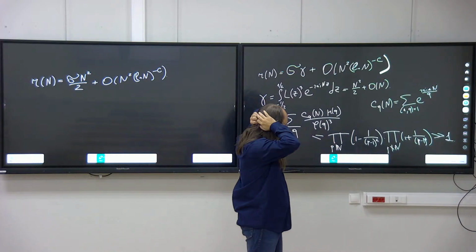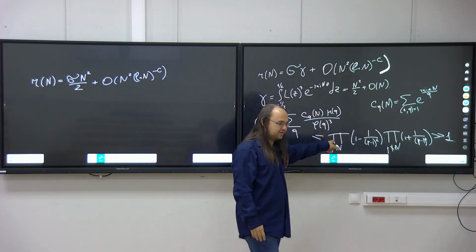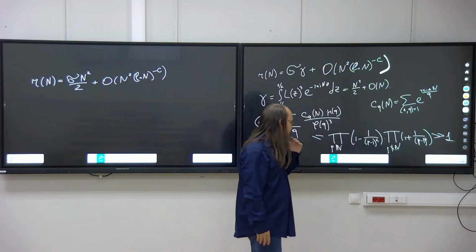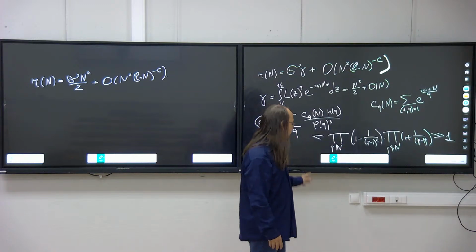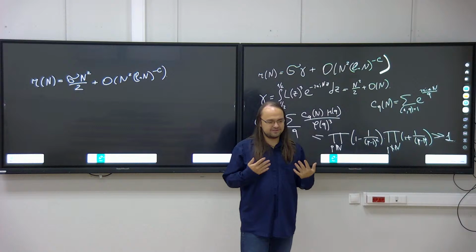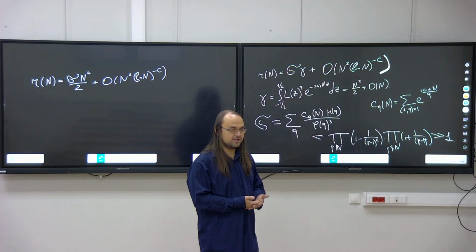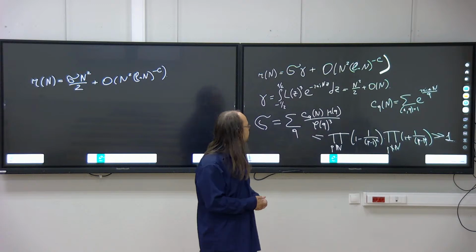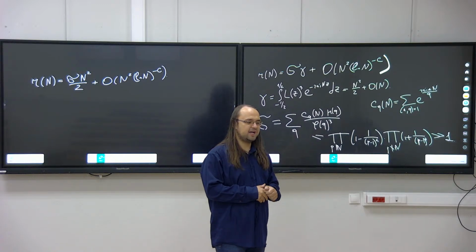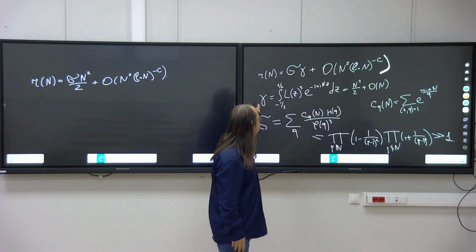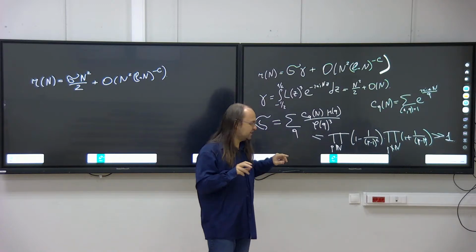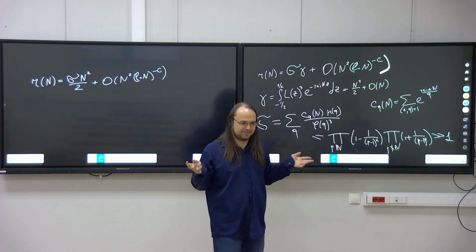This is due to the appearance of this term, which is a product of primes. And this term is thought of as a non-Archimedean contribution to the sum. So this means that this is kind of a real part, and this is kind of a periodic part.